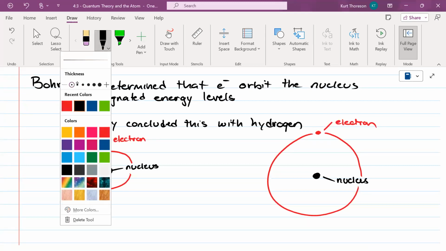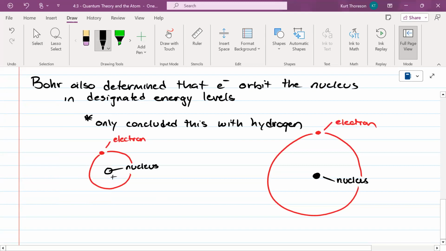Now, what is the charge? Do you remember what the charge is of the nucleus of an atom? It's positive. What is the charge of an electron? Negative. And I said yesterday, what keeps electrons from going towards the nucleus? Opposites attract. Well, it depends on how excited the electrons are.